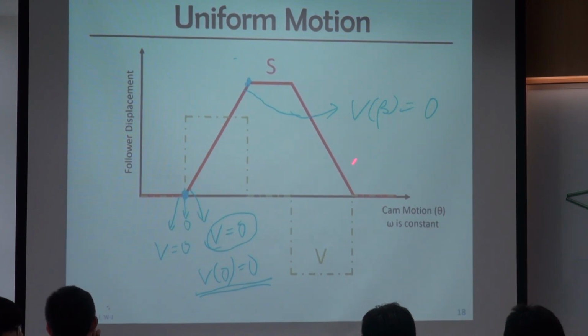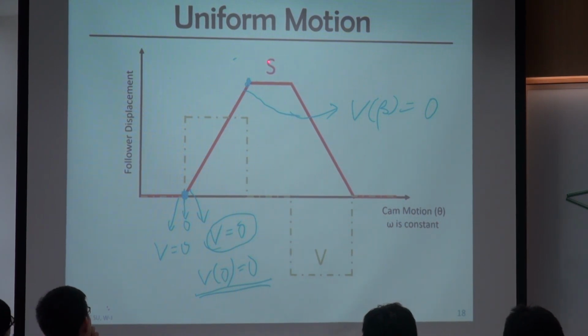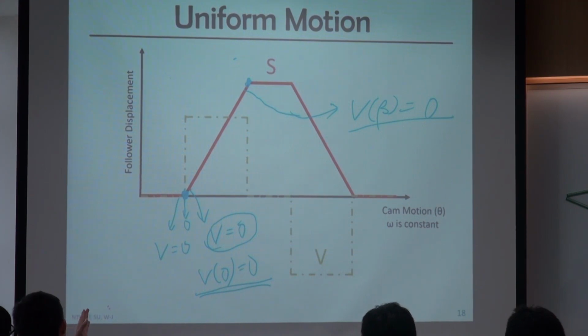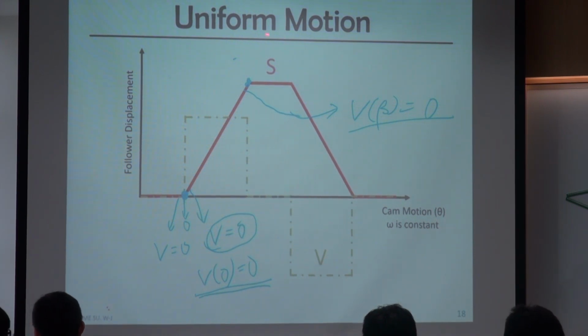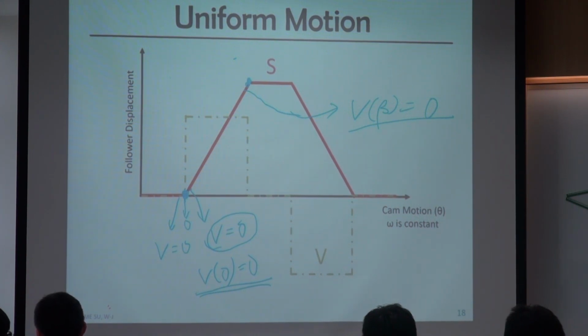If we can make these two happen, that's what we try to do, because in the first example these two conditions do not happen, and it leads to infinite acceleration. So right now we want to make these two happen. That's why we try to use other curves instead of the uniform straight line.